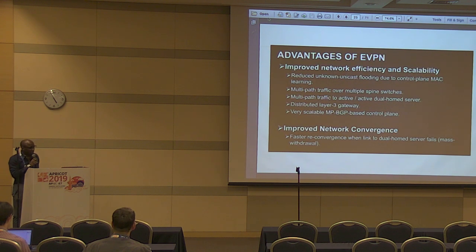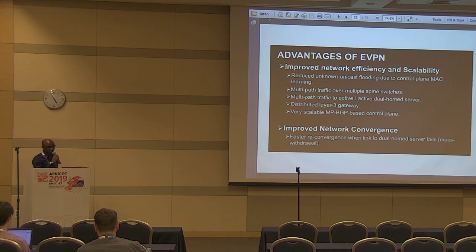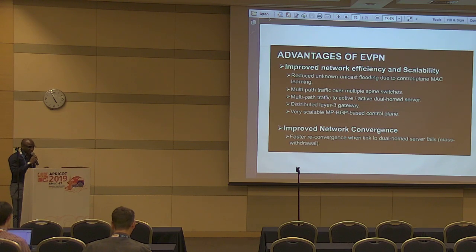Here, I go into some of the details of the advantages of using EVPN. As I've mentioned, the unified control plane is one of them. Another is the reduction of BUM traffic flooding, because BGP is now used within the control plane to achieve that for us. The other thing is the distributed layer 3 gateway, which we will come to in a future slide.